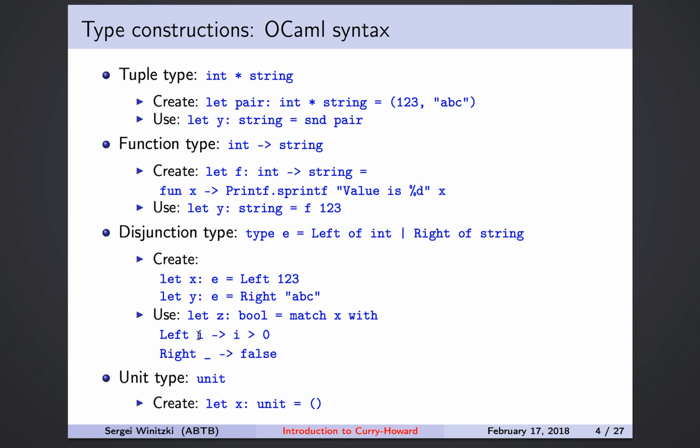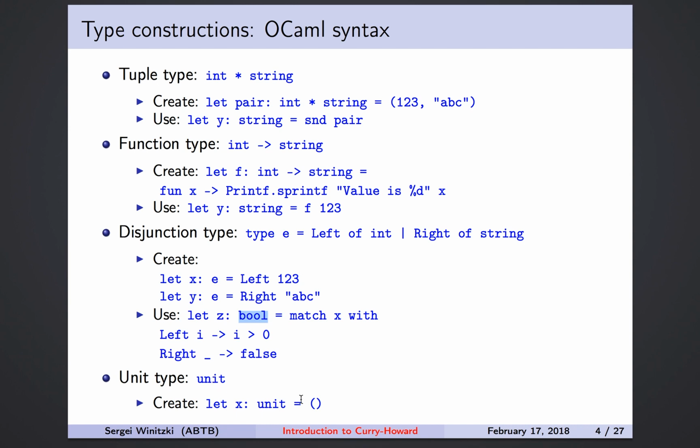They look like function from I to I greater than 0, function from ignored argument to false. So a match statement is basically taking your value of the disjunction type and two functions. Depending on which part of the disjunction this is, you use one function or you use the other function to compute the result value of the type bool.